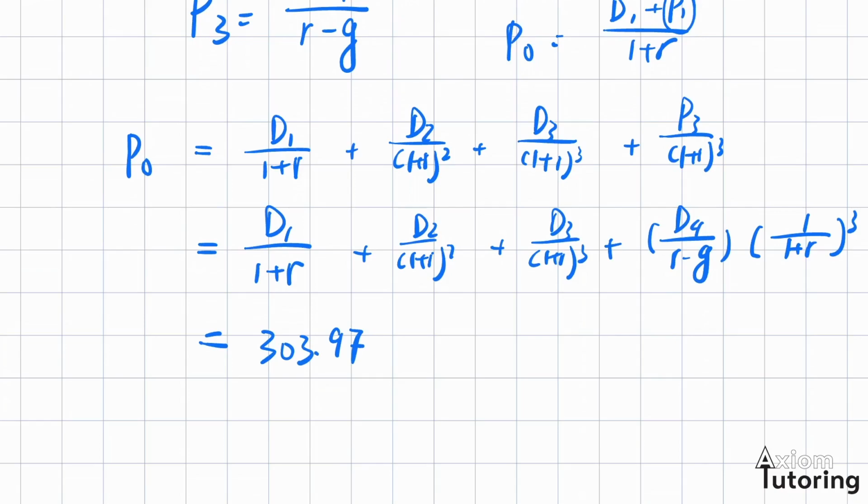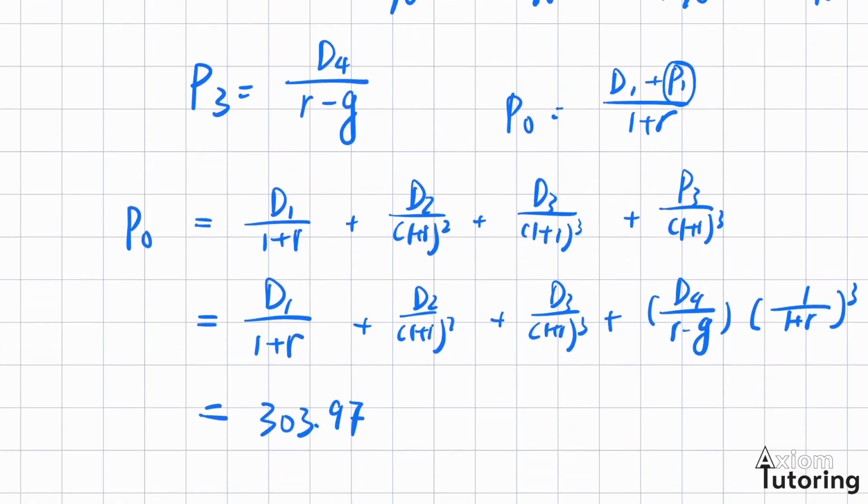Okay, so this is a numerical example that combines everything we have learned so far. The key idea here is that you need to use these formulas, the Gordon growth model or the dividend discount model, in a very flexible way.